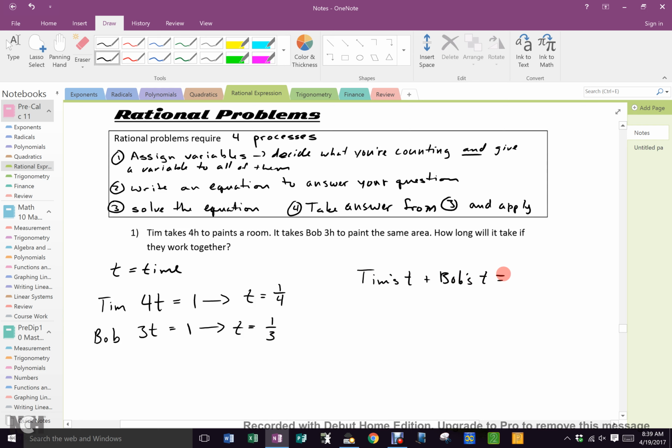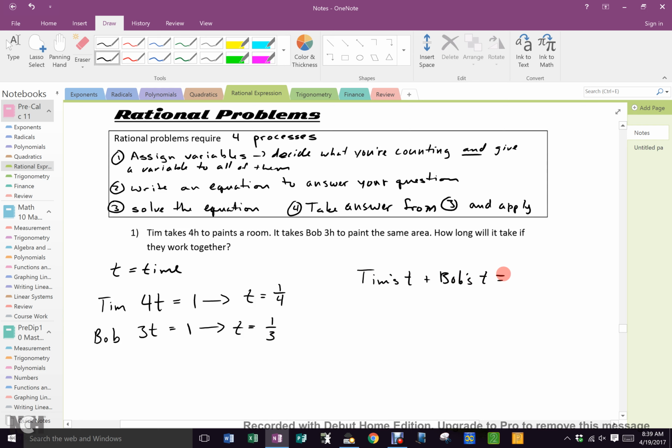So let's solve it. T over 4 plus T over 3 equals 1, yes? What are we going to do to solve that? What's our common denominator? 12. What did I have to multiply that by to get to 12? 3, so it's 3T.